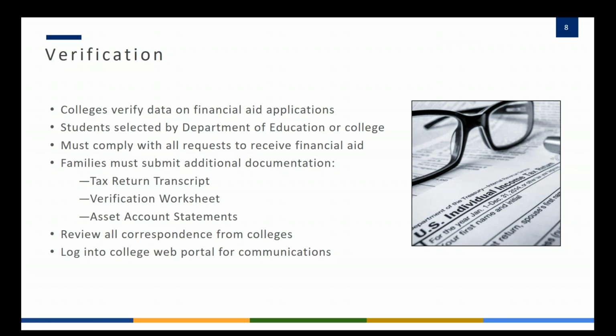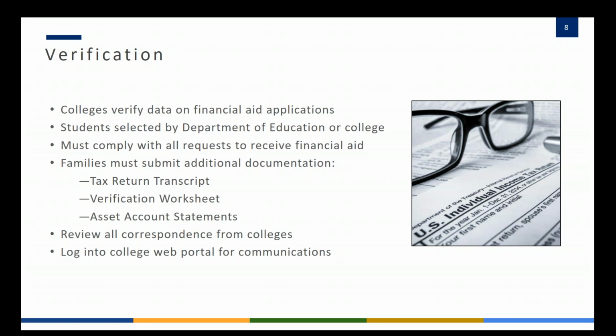Some families may also need to go through verification after they've submitted their financial aid forms. Very important that families are on top of getting this information to the college as they request it. Their financial aid award letter will not be considered finalized and will not be applied towards their bill until this verification process is complete.